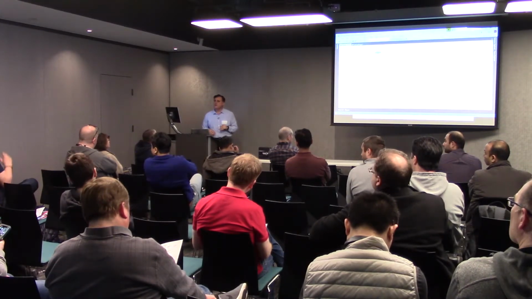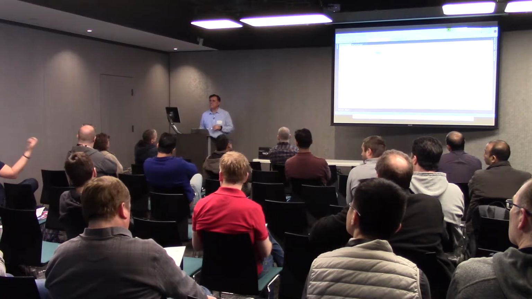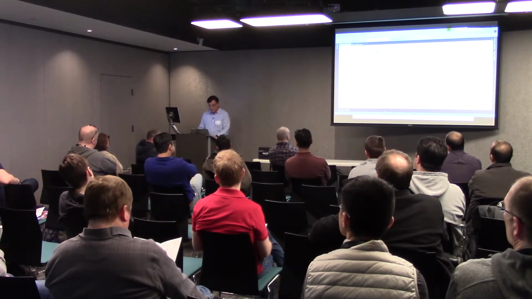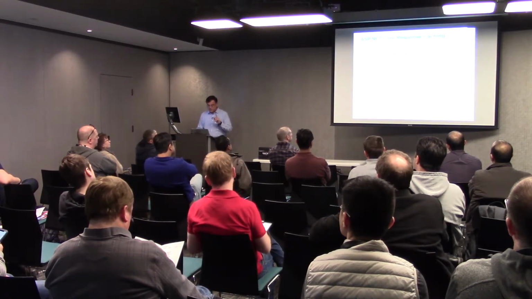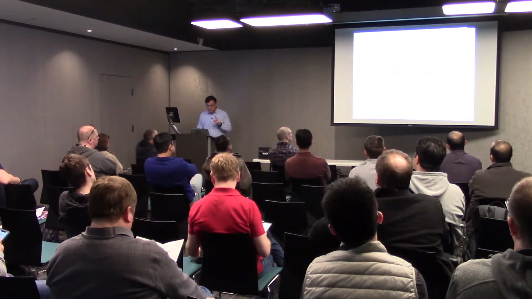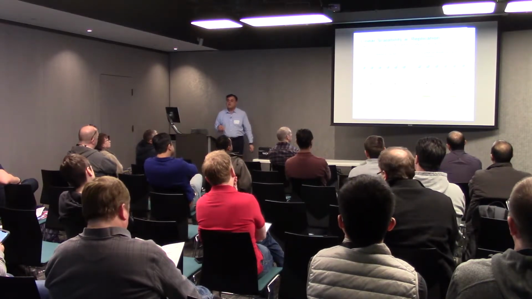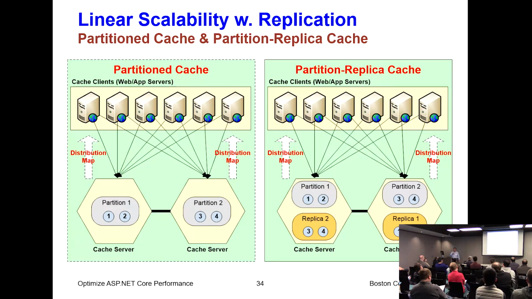You have a partition key, like how if you add a new machine, then how would that work? Good question. This is where I was saying, high availability is really, really important. If you're not able to add or remove servers at runtime without any stoppage, then your application is really not highly available.